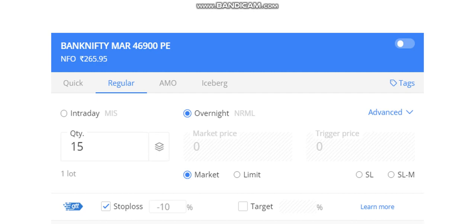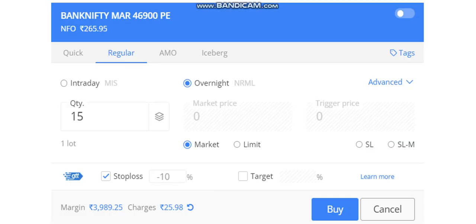Bank Nifty March 46900 put, quantity 15. This is another example of how to set the stop loss using percentage. I have set the stop loss at minus 10%. 265.95 is the current price.